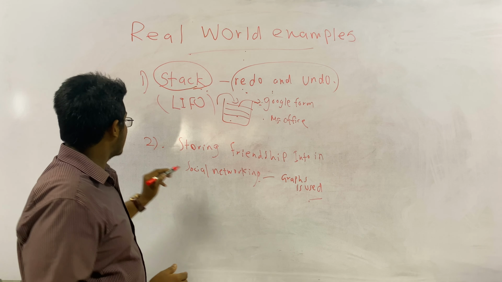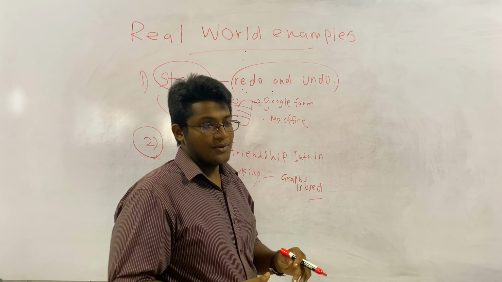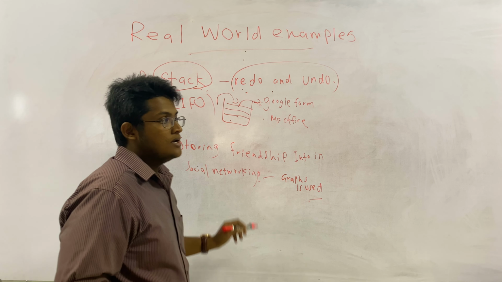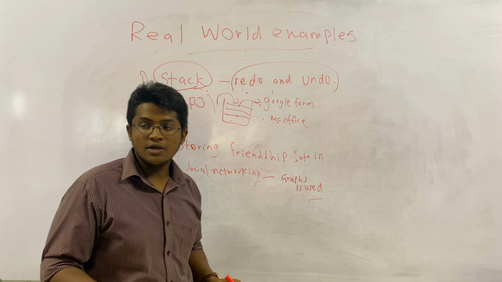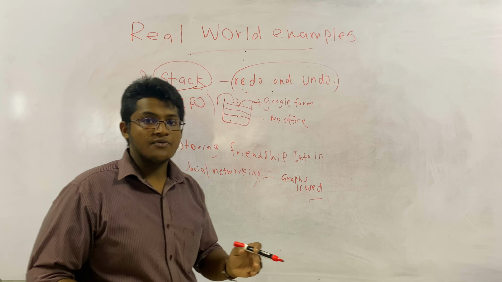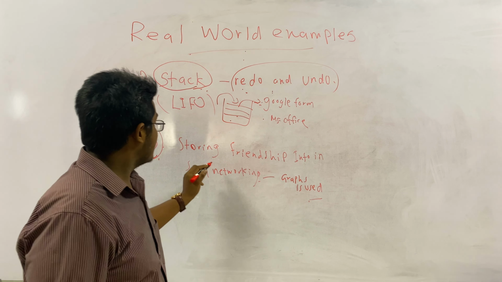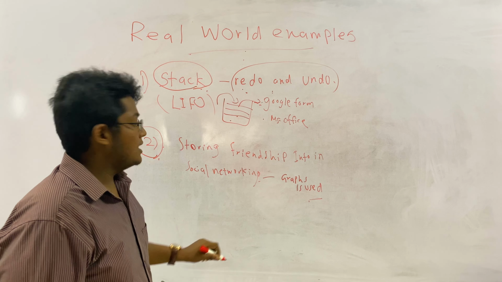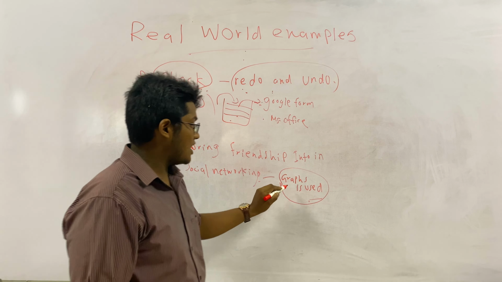My second real world example is social media, social networking, which everybody uses. Let's take Facebook as an example. In Facebook, you have friends, mutual friends. Storing friendship information is done by data structures, and the type of data structure is graph.